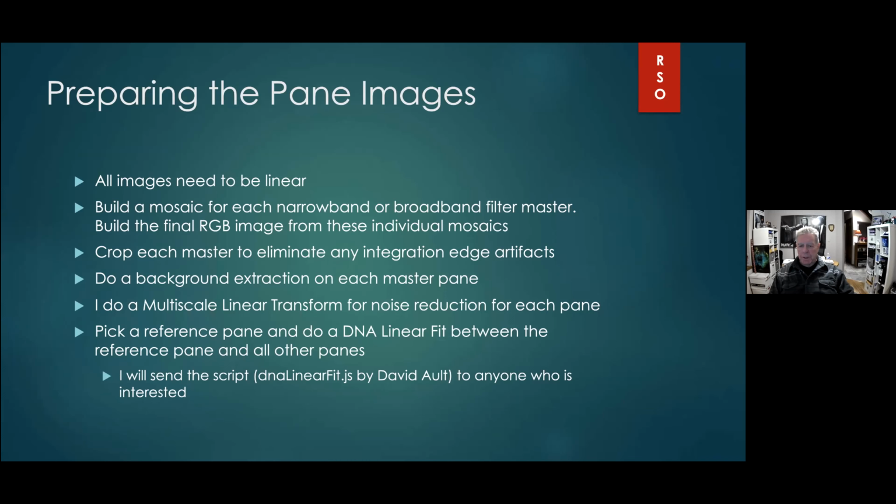This script really helps normalize the intensities across all the panes. I couldn't find the original source where I downloaded the script from. I went back to that site and it no longer exists. Maybe he moved it or whatever, but I have the script and the author, so I can easily send it to anybody.